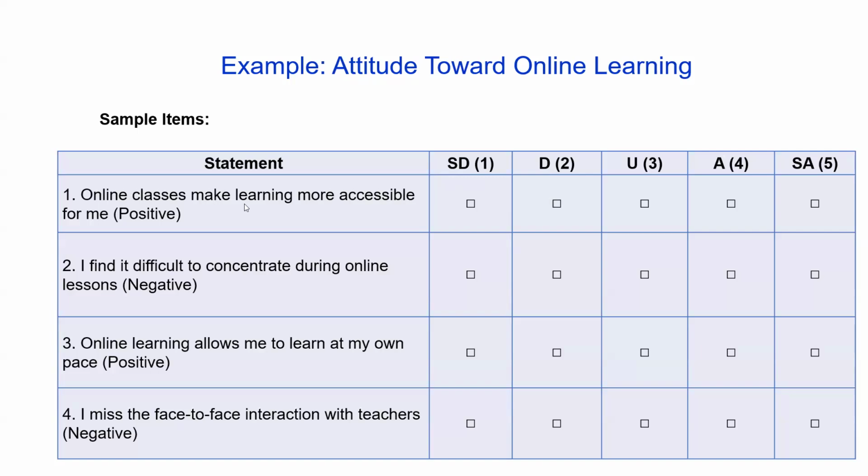Online classes make learning more accessible for me. If a student says yes, I strongly agree, you give 5 marks. For the negative statement, it is vice versa, so think carefully.